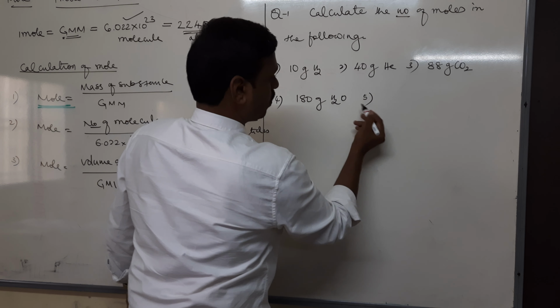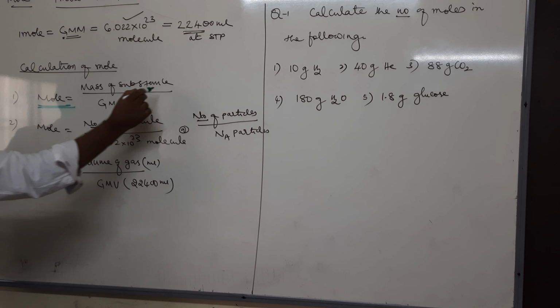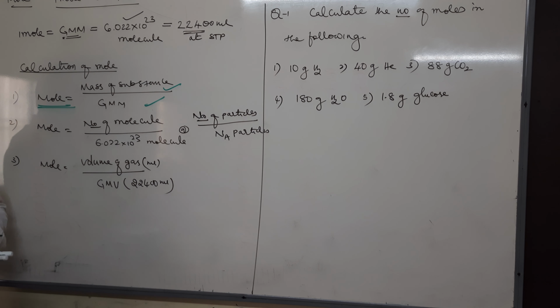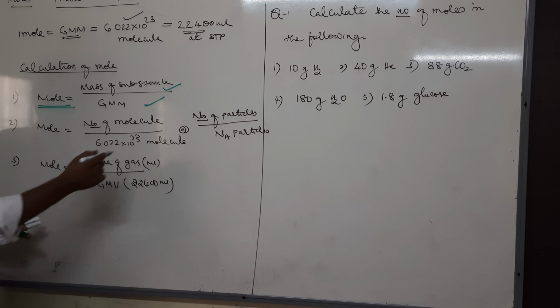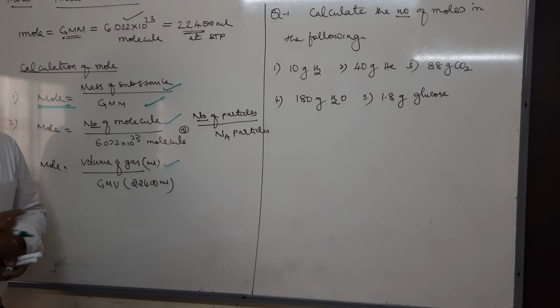Tell me. To calculate the number of moles, first of all we should identify what is given. Is it mass given, or particles given, or volume given? Mass given. If the mass is given, the formula is mass by gram molecular mass. If the particle is given, use the other formula; if the volume is given, use the third formula.